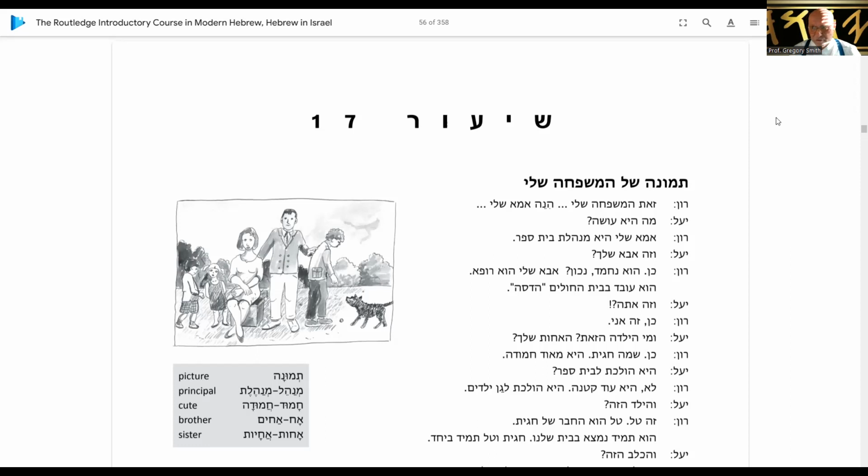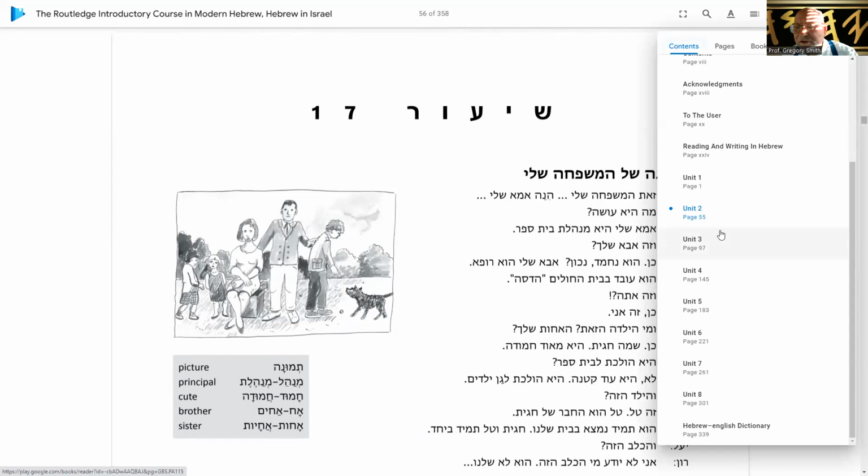For those of you who don't know, if you look at these units on here, we're in Unit 2. It goes all the way to Unit 8. So if the amount of videos that I've done for Unit 1 extrapolates to the general number per unit in the future, we could be having, let's say, 45.